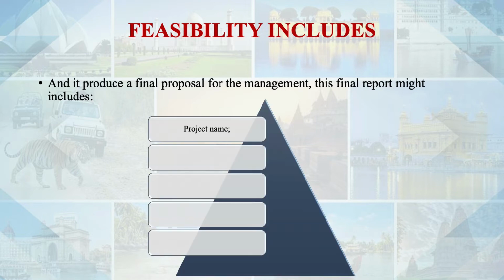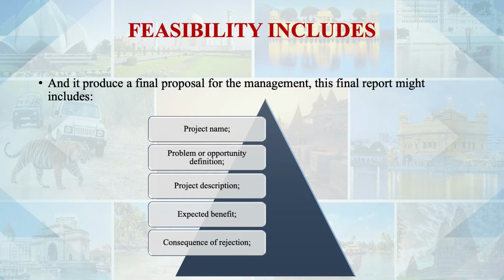It includes the project name, and the problem or the opportunity available in the market which we want to tap as a business. A project description is required for feasibility. Expected benefits, economic and non-economic benefits, profits and revenues are required to be studied and estimated.